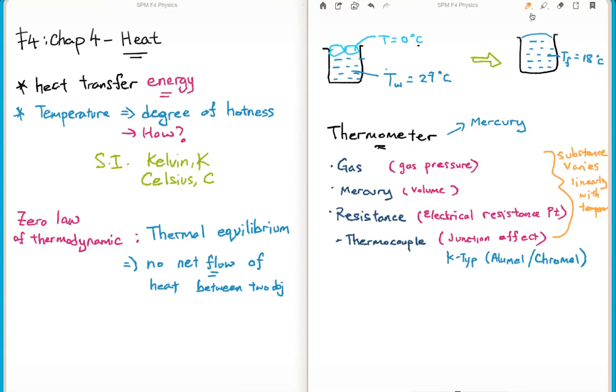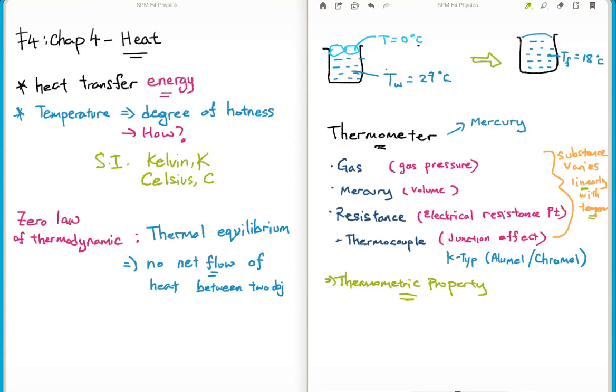And those are called thermometric properties. Thermometric property means a substance varies linearly with temperature.